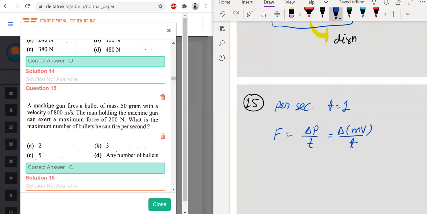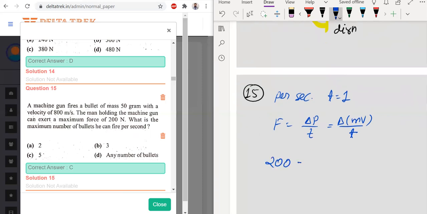So how many mv are required? So force we have, it is 200 newton, is mv, m is 800 into 50 gram. 50 gram we need to convert it in kg. Now the thing is divided by time. Time is 1 second. तो देखिए फाइंड क्या करना है, इसका मतलब ये है कि how much momentum is going to change.